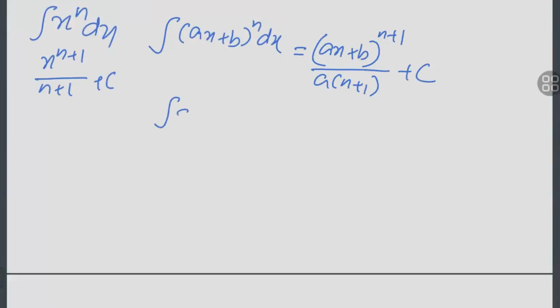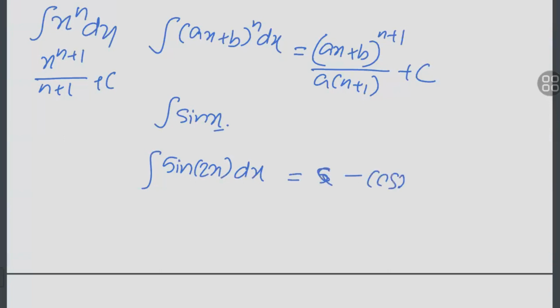Now, normal integration you have for sine x, but sine 2x integration you don't have. So based on this, you should know sine 2x integrates to minus cos 2x over 2, right? d over dx of sine 2x differentiation is what? 2 cos 2x, right? Don't make the plus minus mistake, because most of them forget this, right?